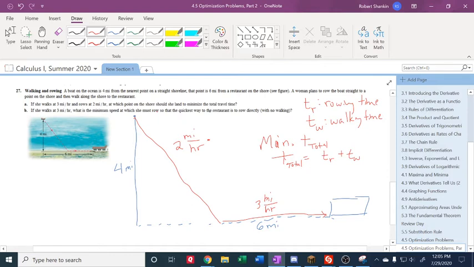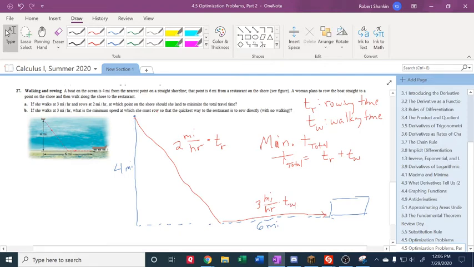And so this was 2 miles per hour times the time rowing, plus 3 miles per hour times the time walking. And this would be in hours. Hours would cancel out. You just get miles and so on.